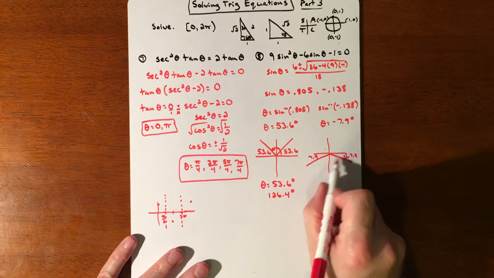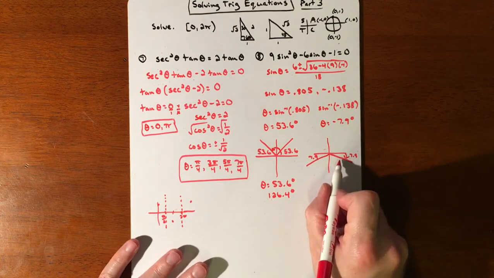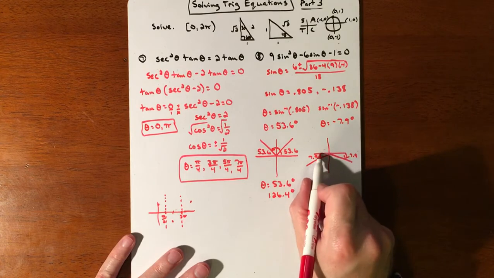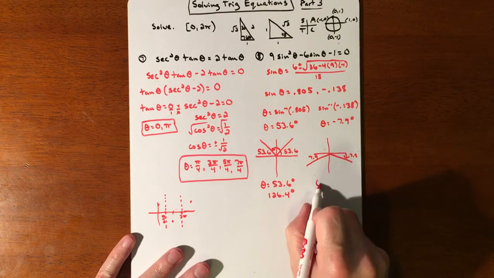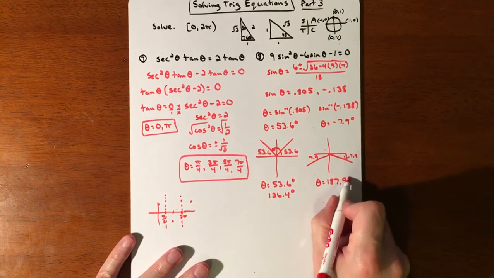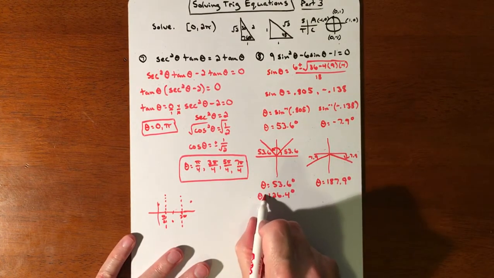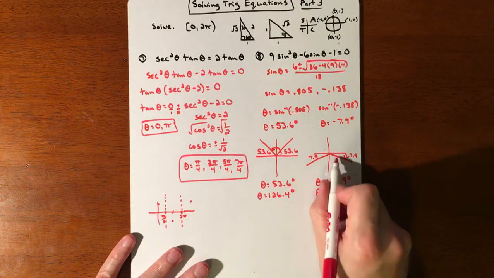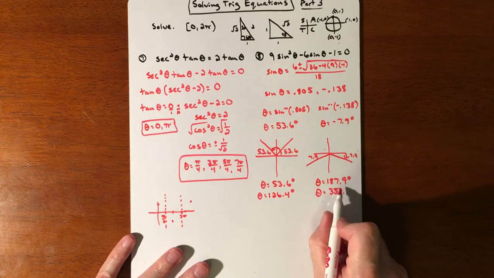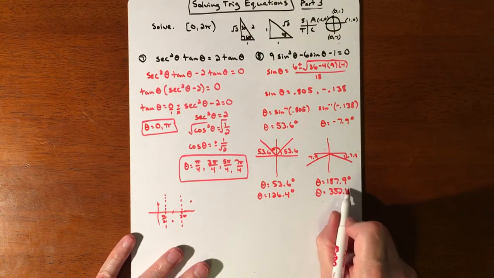If you take 360 minus 7.9, that's going to get you 352.1. And then here, if you take 180 and add 7.9, you're going to get 187.9. And you're going to get all the way around to 352.1 degrees.